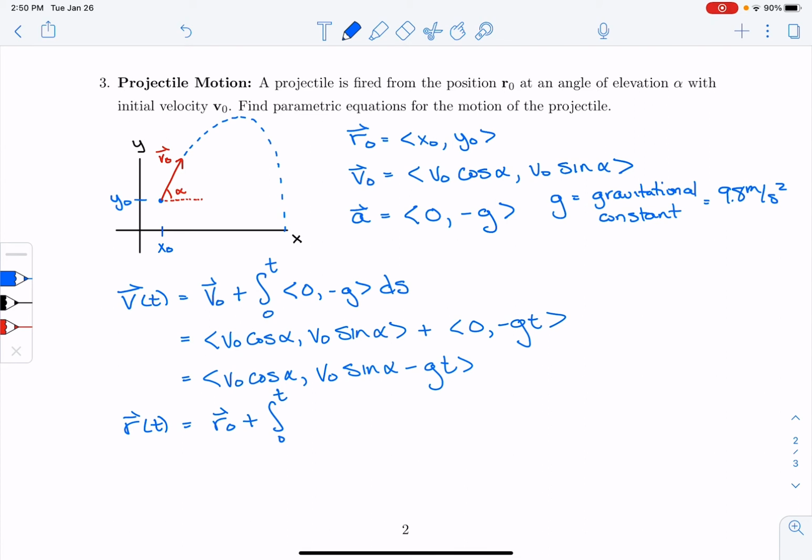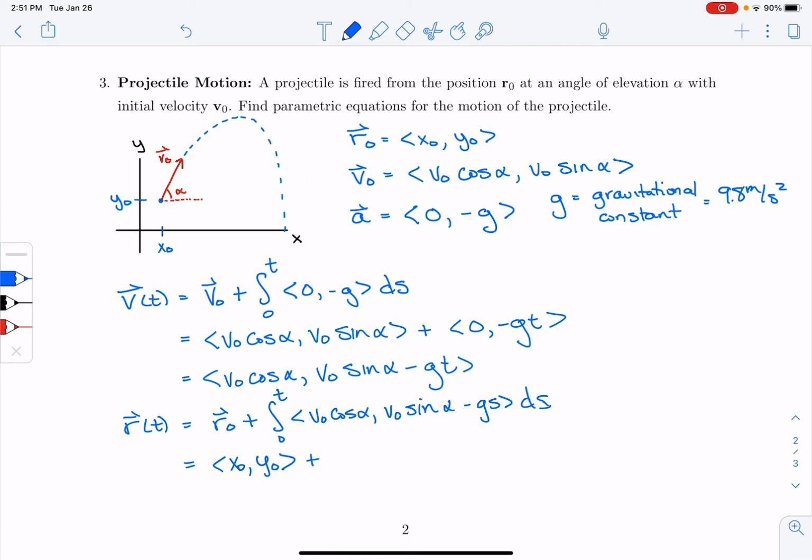My velocity, of course, is v0 cosine alpha, v0 sine alpha minus gs, ds. So here we have r0, which is x0, y0. And now I need to integrate the velocity.